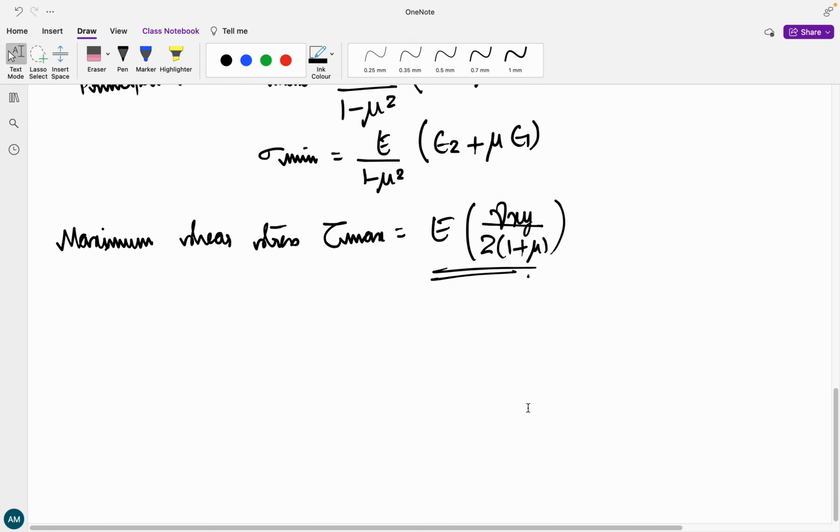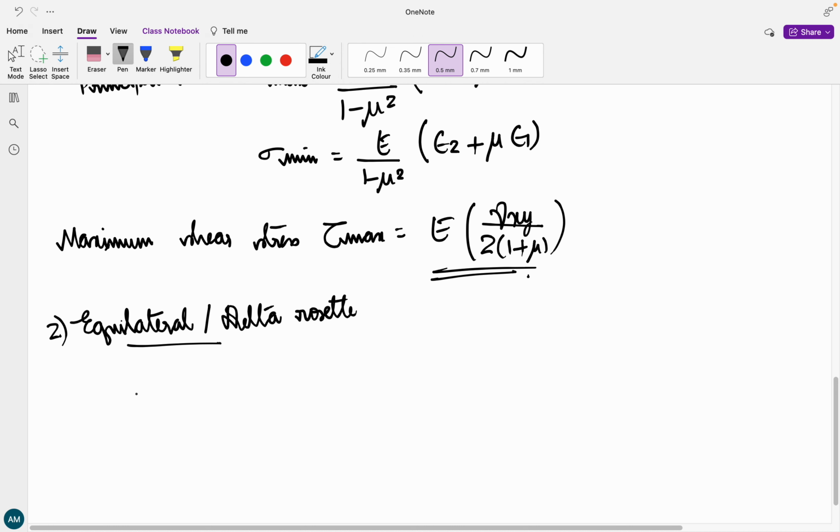Alright. Now for the second arrangement, that is equilateral. That first one was equiangular or rectangle. Second one is equilateral or delta rosette. As the term goes, equilateral, so obviously it has to be 60 degrees each, the angle between them.